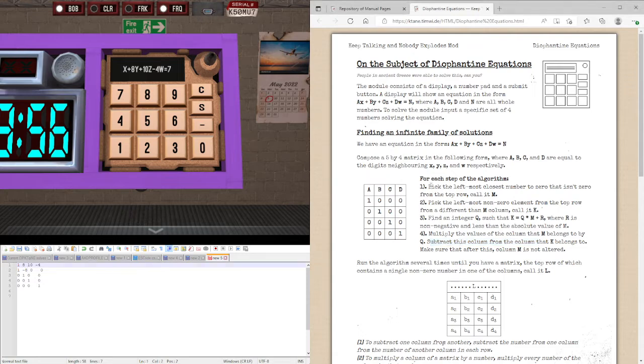And then it will be the same for the rest of the columns because we had 1. If we go back up here, pick the leftmost closest number to 0, that's still 1. And we're going to be subtracting it from this column instead, so this will become negative 10, and this will become positive 4. And then after that, all of these will now be 0. So we now have our 4 rows.